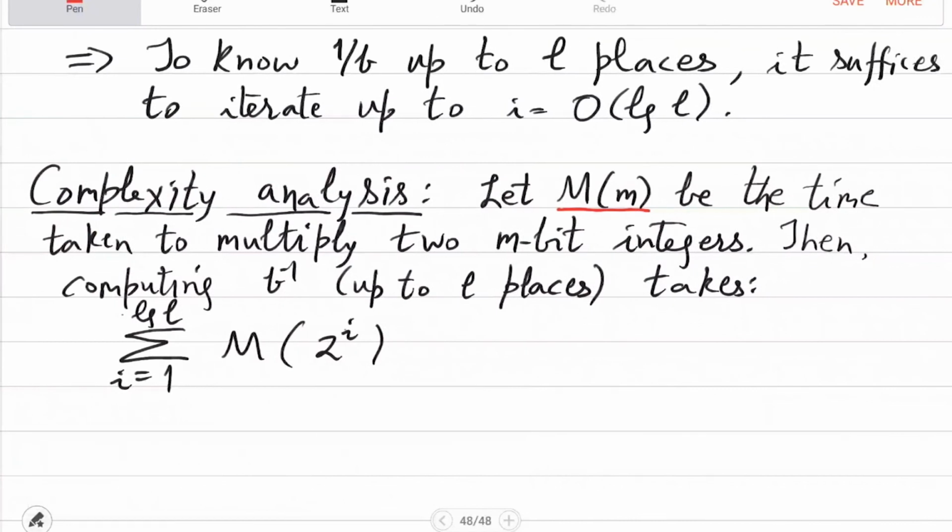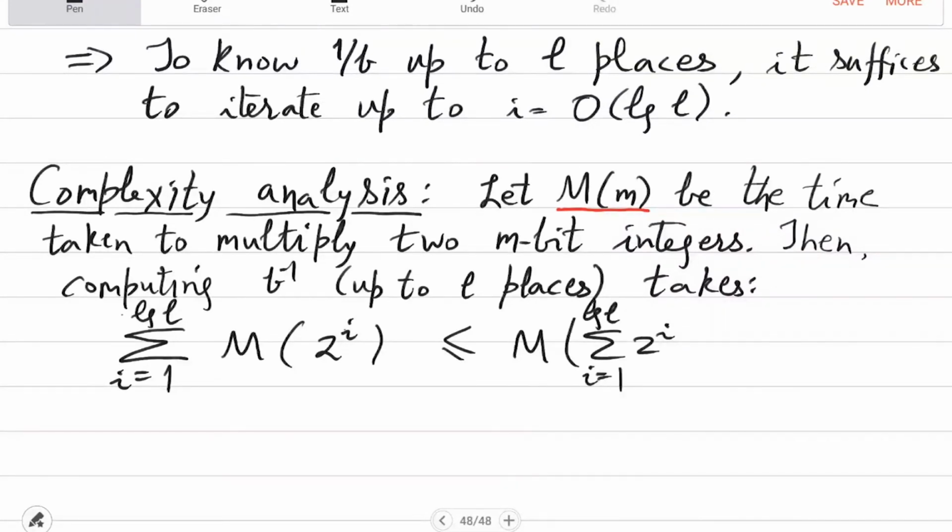So let me just finish this. The point here is just that once you accept this m of 2 raised to i in the implementation, this is actually less than or equal to m of sigma 2 raised to i. Do you agree? This is because m is a superlinear function. It is at least linear, even worse.